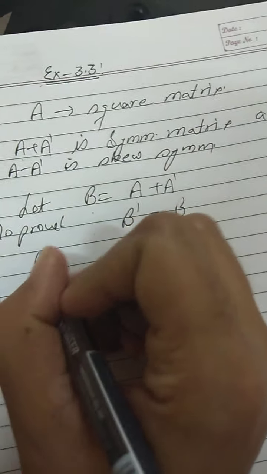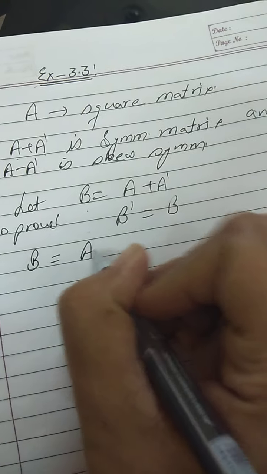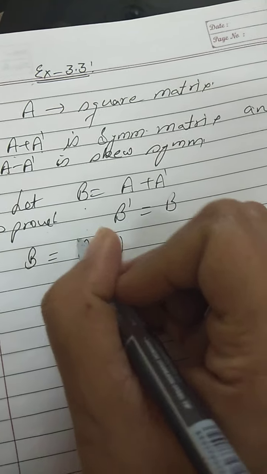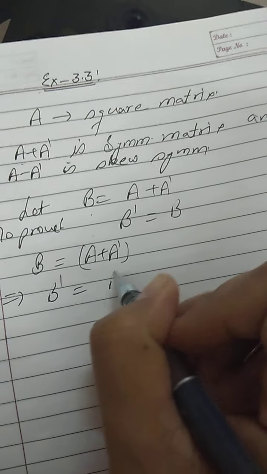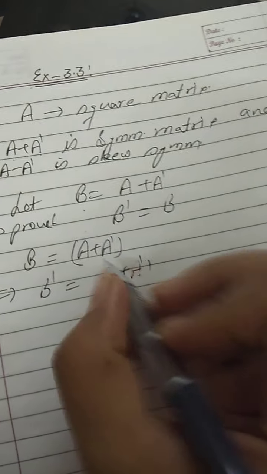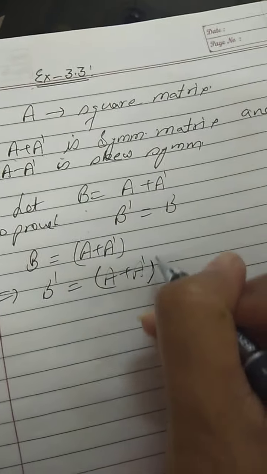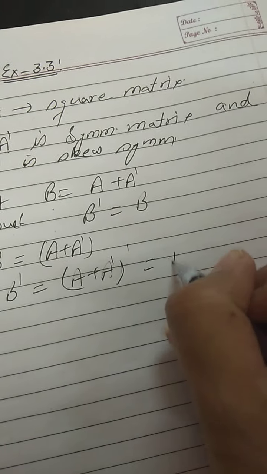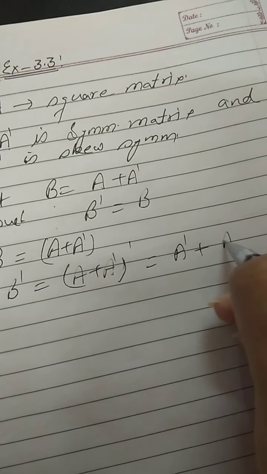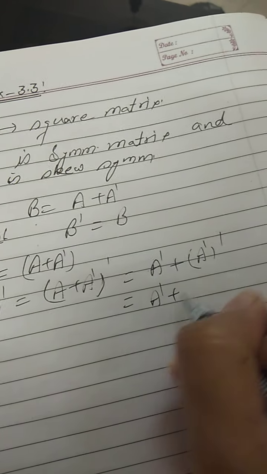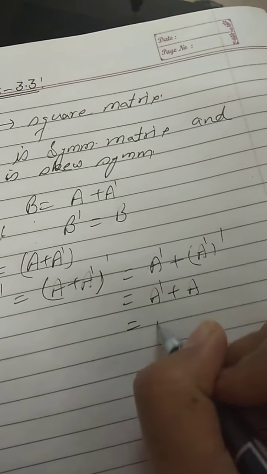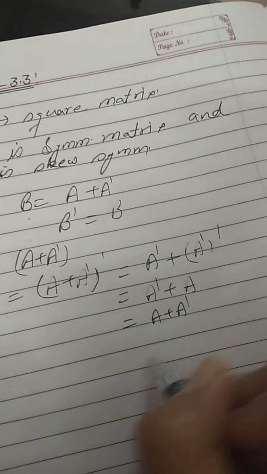So B is A plus A transpose, and we take the transpose of B, which equals the transpose of A plus A transpose. We know this equals A transpose plus the transpose of A transpose, which is nothing else but A transpose plus A, that is equal to A plus A transpose, and it is B only.